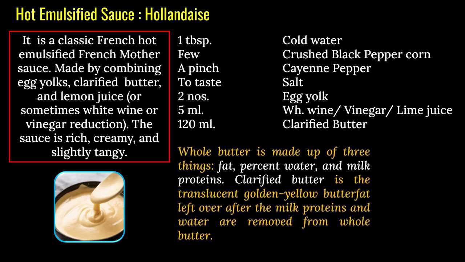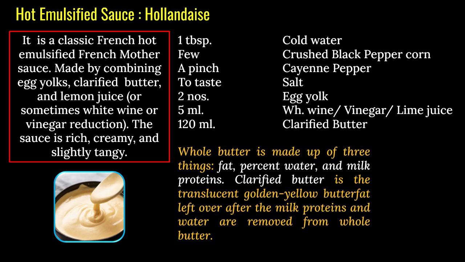Let us clarify that as well. Whole butter is made up of three things. One is fat, some percentage of water, that is moisture, and some milk proteins. These three things are there in whole butter. So what is clarified butter?